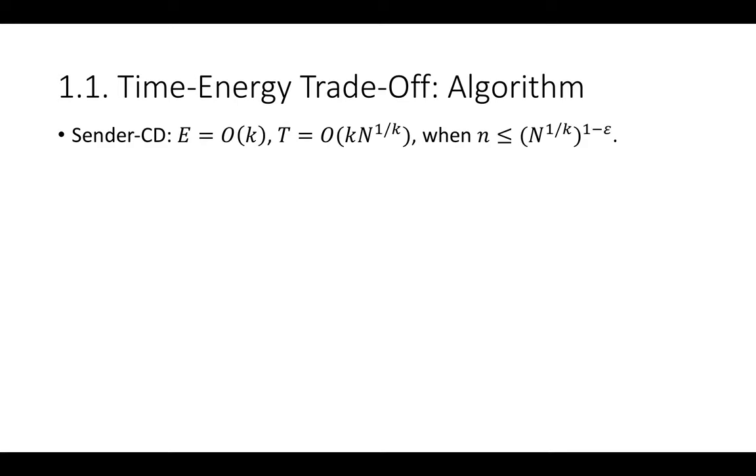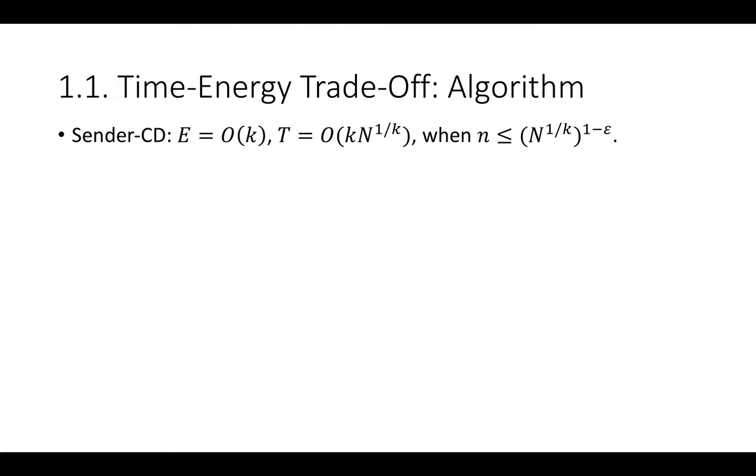First, let me talk about the first part of our result, which is the near optimal time-energy trade-off. Let me first introduce our algorithm. So it suffices to show this algorithm in the standard CD model because the strong CD model is a stronger model. So in this slide, I will show an algorithm in the standard CD model where the energy complexity is k and the time complexity is k times n to the 1 over k.